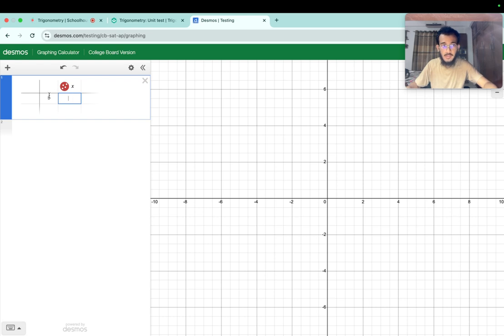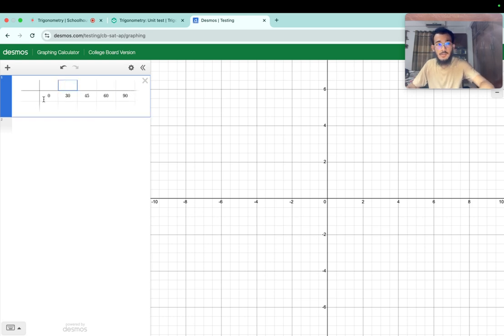So it starts from 0, then 30, followed by 45, followed by 60, followed by 90.